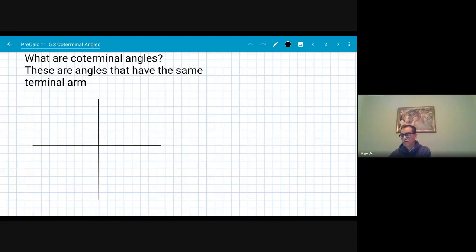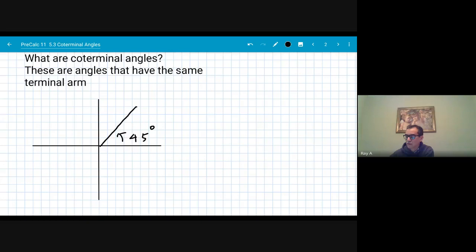So coterminal angles are angles that have the same terminal arm. What does it mean? Let's say you have an angle like 45 degrees. There is your 45 degrees.